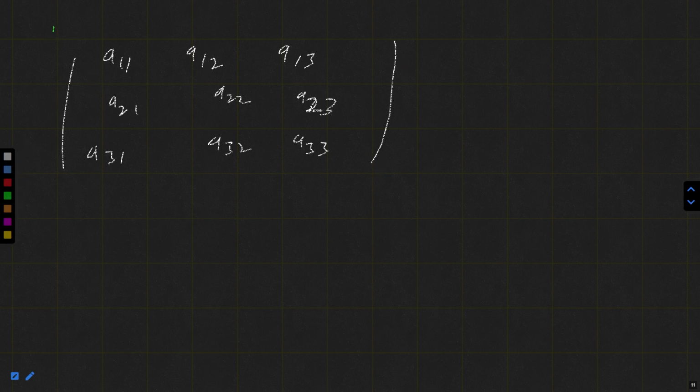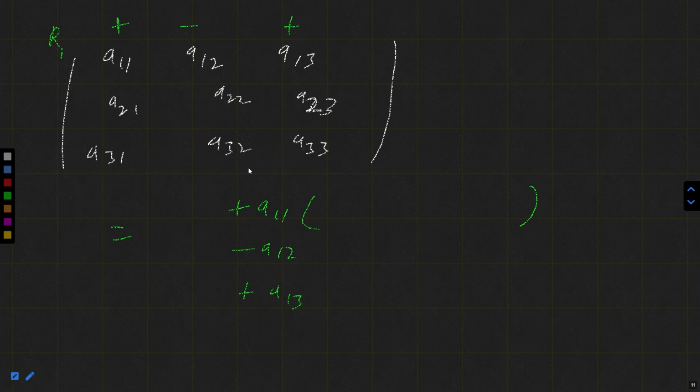According to row 1, the signs will be plus, minus, plus. So the determinant will be plus A11 minus A12 plus A13.